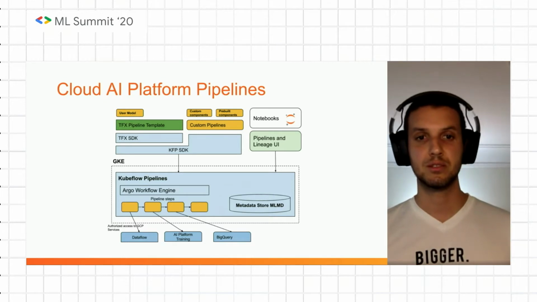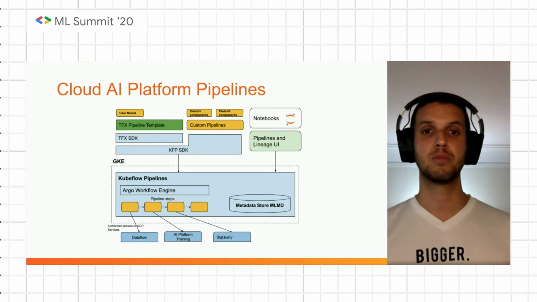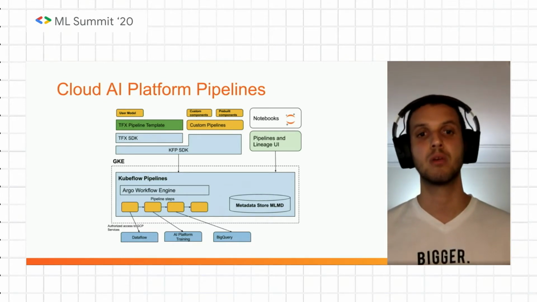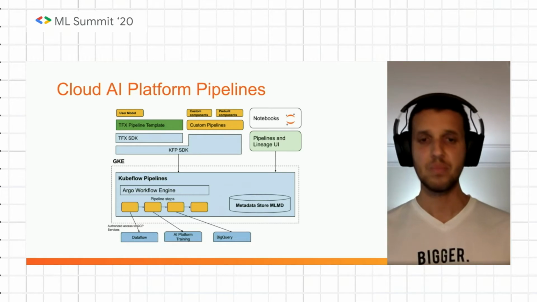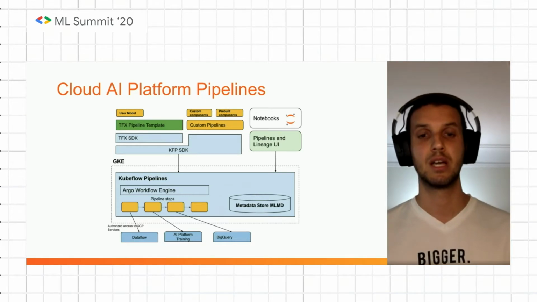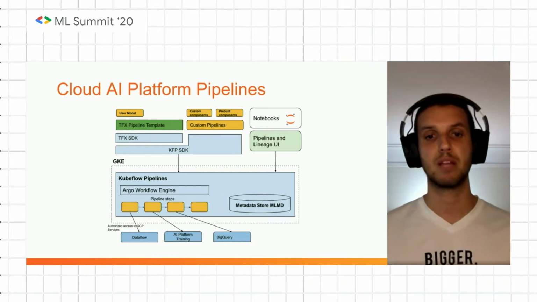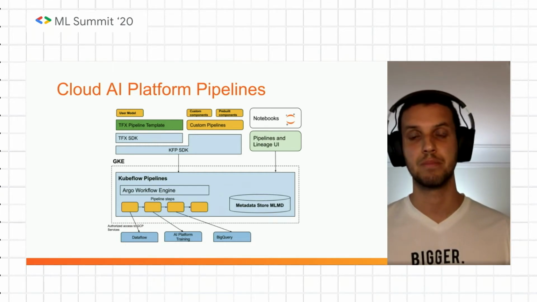What's also interesting to see here is that Kubeflow Pipelines implements the Argo workflow engine, where your multiple steps, which represent your pipeline, can be implemented and run in multiple work engines, for example Dataflow, AI Platform Training, and BigQuery.